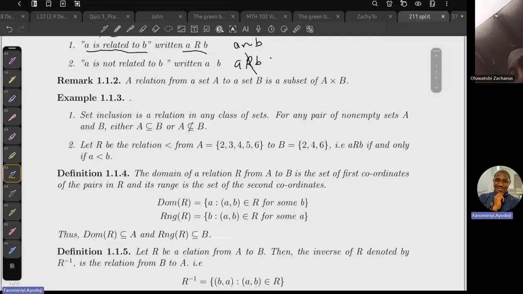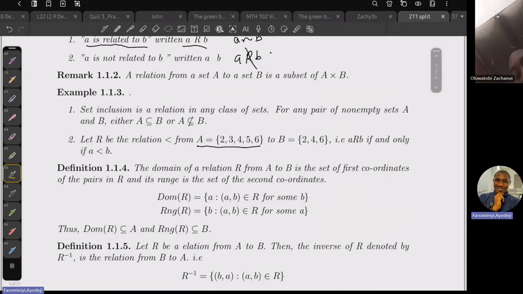So if we say this is set A and this is set B, we can use the less than or equal to order and say something in A is related to something in B if and only if A is less than B.